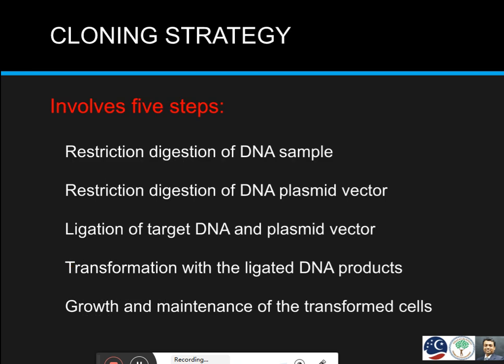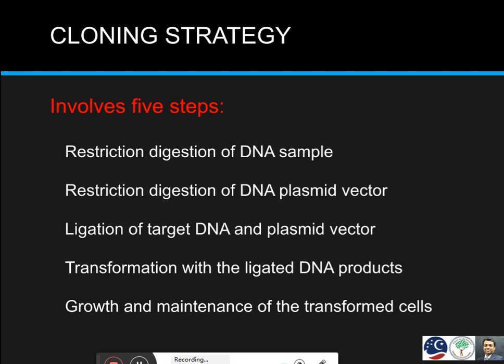The cloning steps are as follows. We'll start with cutting the target DNA from the source with restriction enzymes. That is why we need those enzymes. Then we will cut the vector DNA with the same set of restriction enzymes used in the previous step.